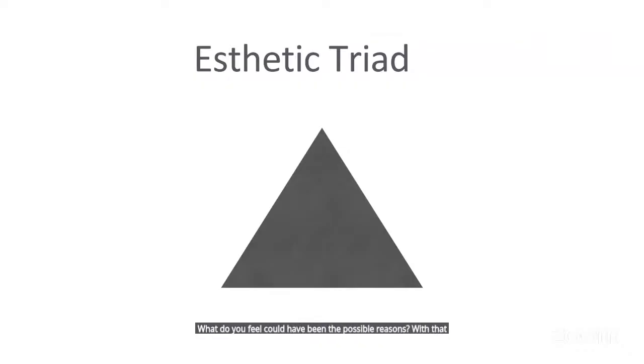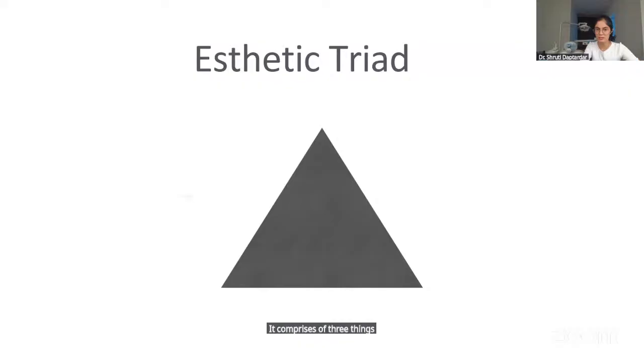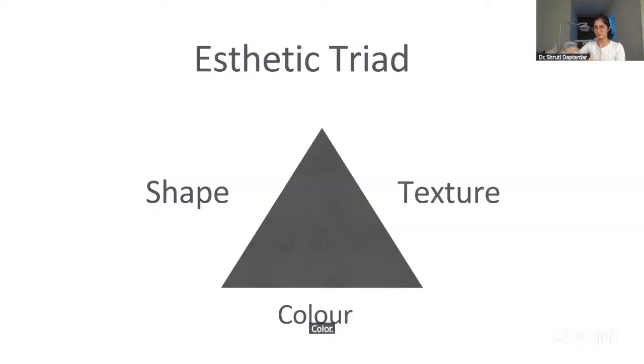With that thought, let's understand the aesthetic triad. It comprises of three things: shape, color, and texture.